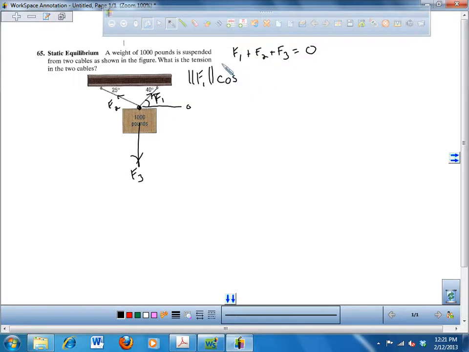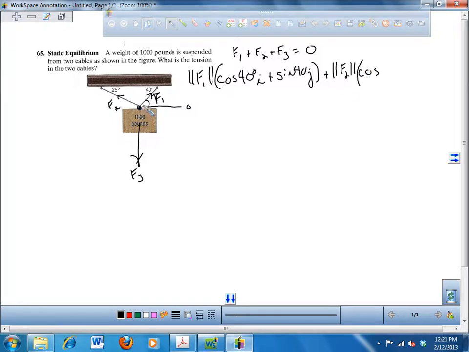So you have the magnitude of force 1 times the cosine of 40 degrees in the i direction plus the sine of 40 degrees in the j direction, plus the magnitude of force 2, which is how much force is on that cable, times the cosine of how many degrees?